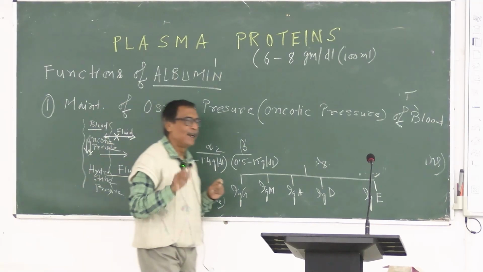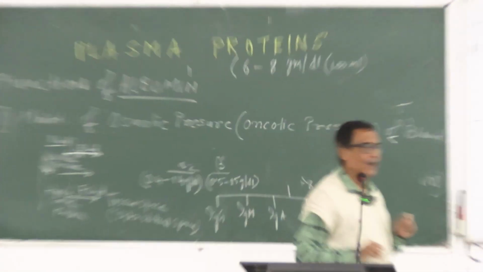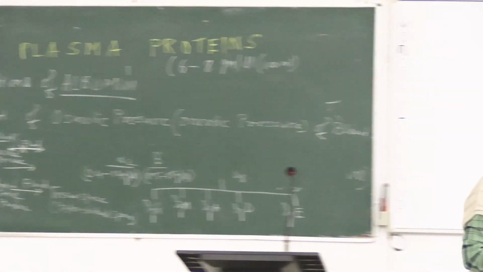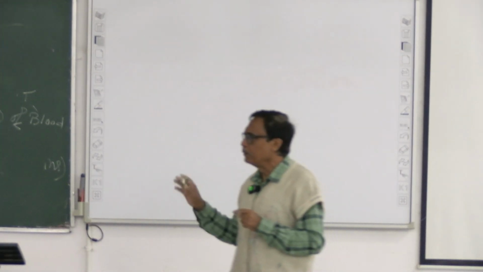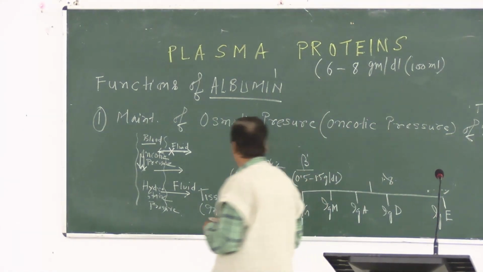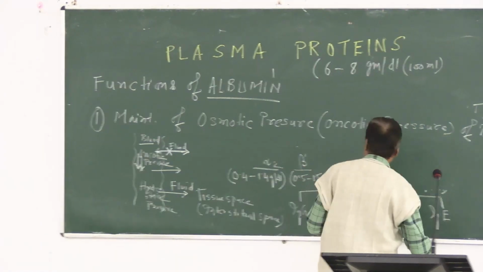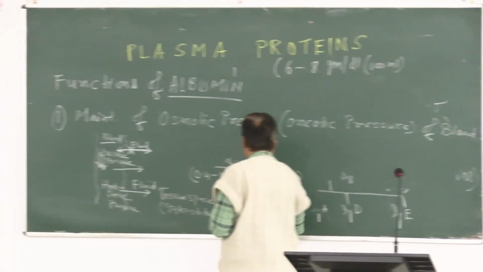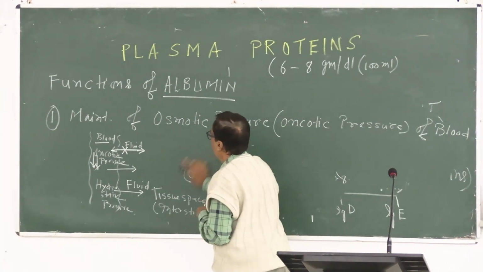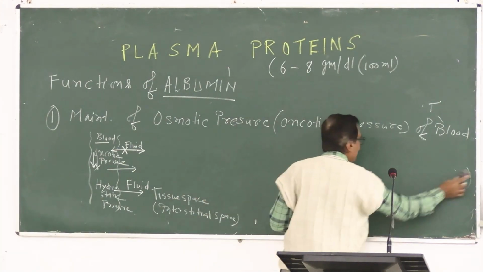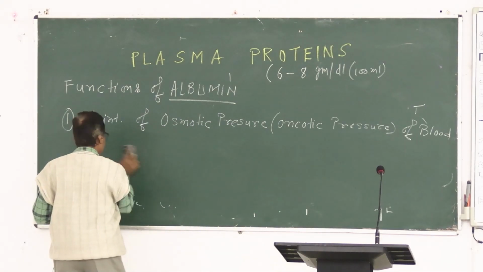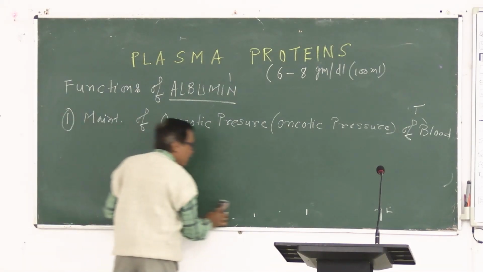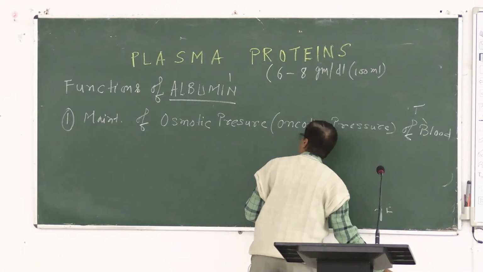The ultimate clinical manifestation of low albumin level in the blood is nothing but edema, when it is sufficiently lowered, less than 2. So if the osmotic pressure cannot be maintained, there will be leakage of fluid from the blood to the tissue, causing edema.